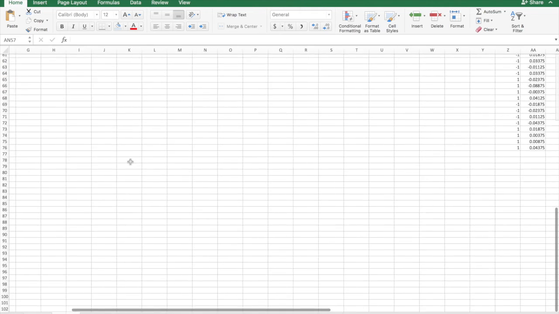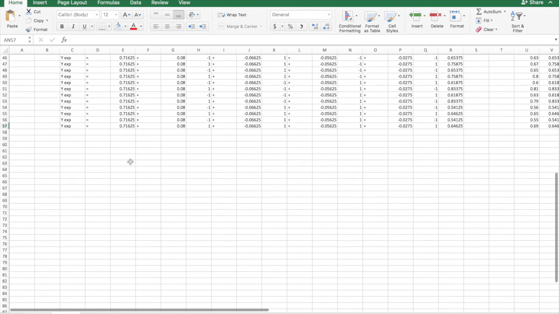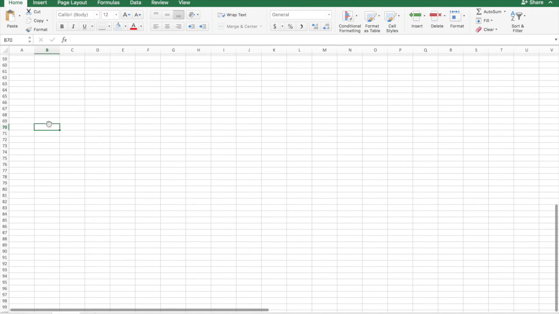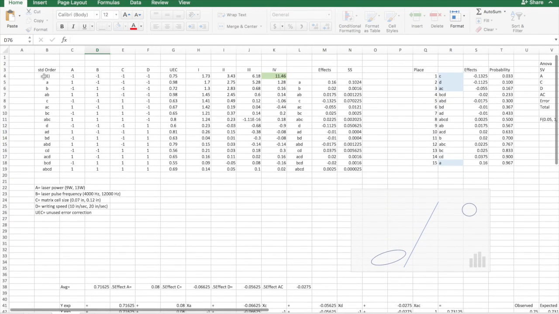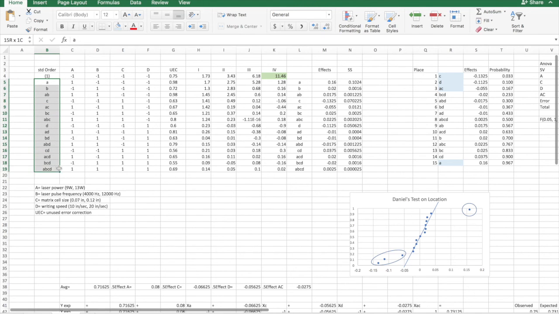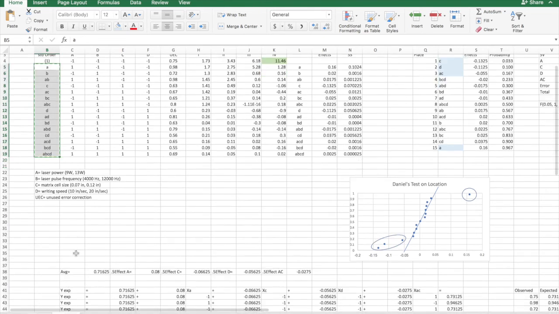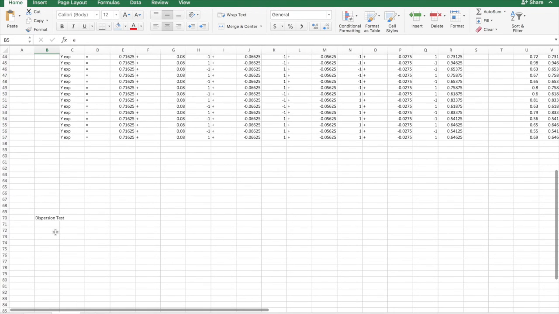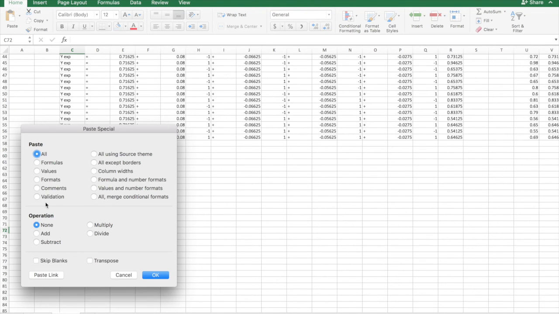Now for the dispersion test, we are going to have to copy the dispersion test. We're going to copy this, but we're going to transpose it. So we're going to copy it, then paste special, transpose.